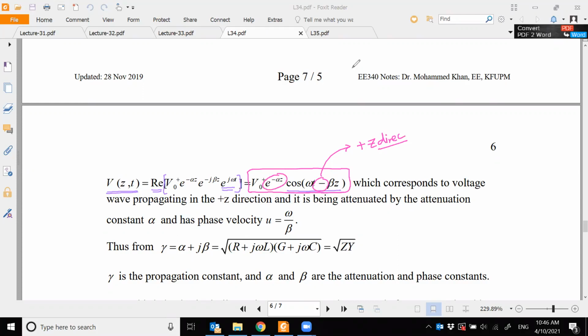This is the voltage amplitude, the attenuation, the angular frequency, the phase constant, and the positive z direction. And it is traveling with the phase velocity u, which is omega over beta.